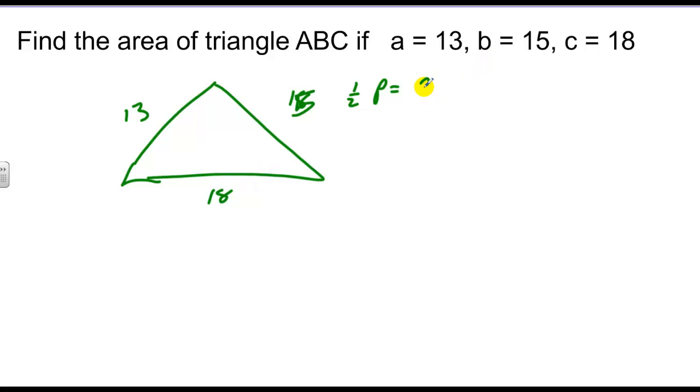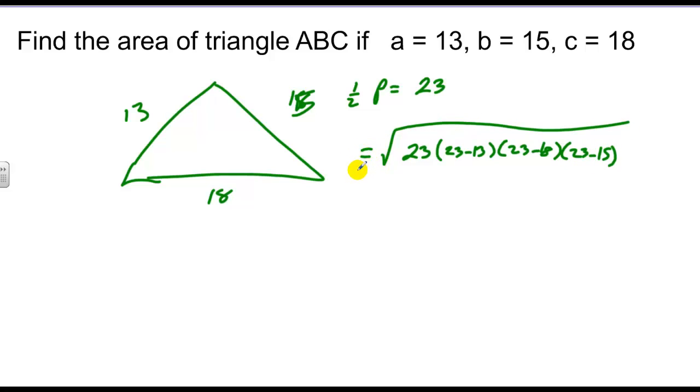So 23 is half the perimeter. Then we go 23 multiplied by 23 minus each side. Square root all of that, and that gives us our area. And in this case, that's going to be about 95.92 square units.